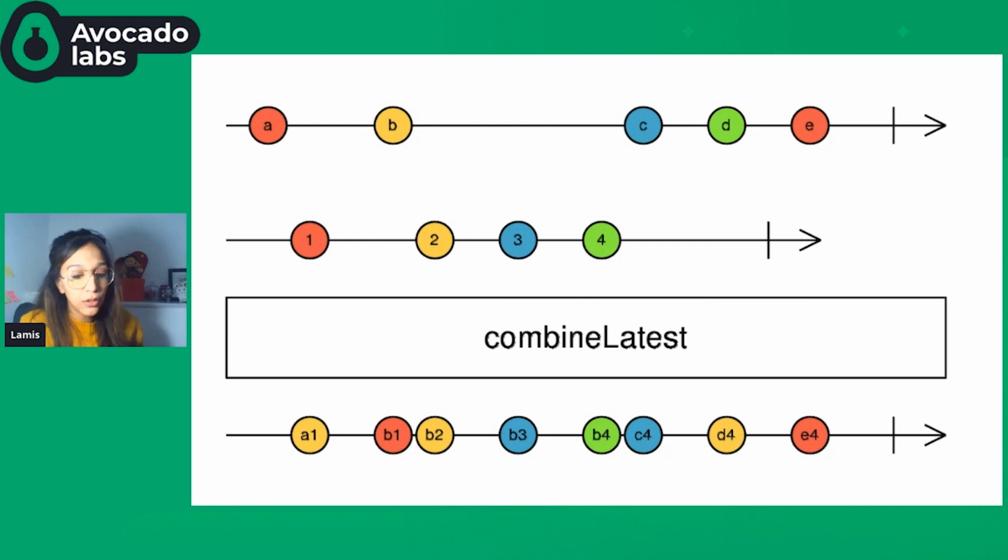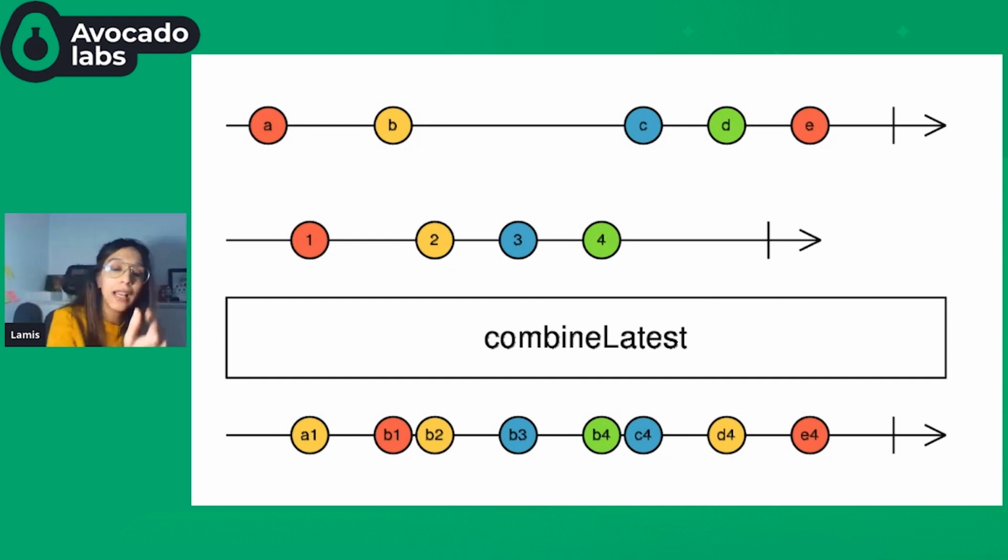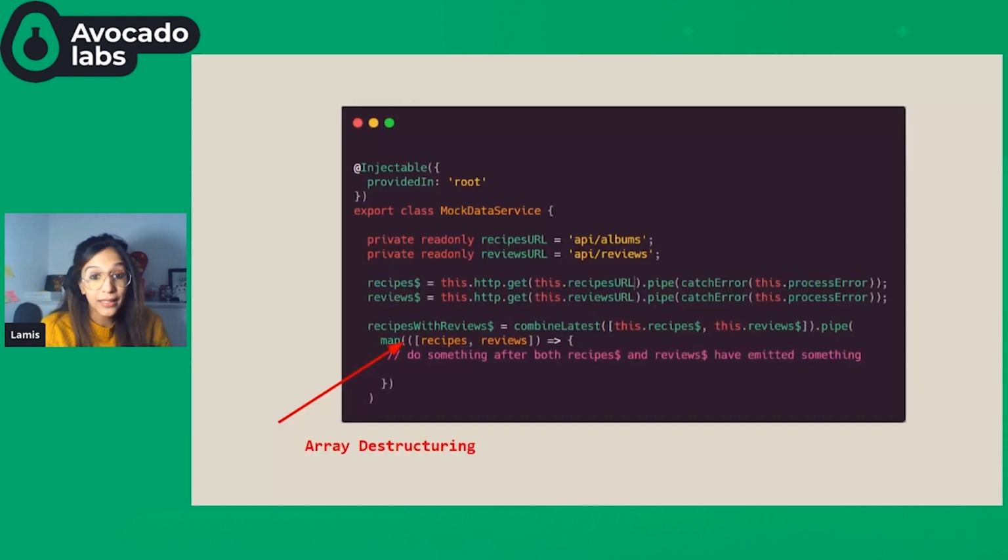Every time there's a new emission, it will emit the last value of all the observables. This is very useful when you want to combine streams, especially when there are relations between the data and there are recurrent updates.